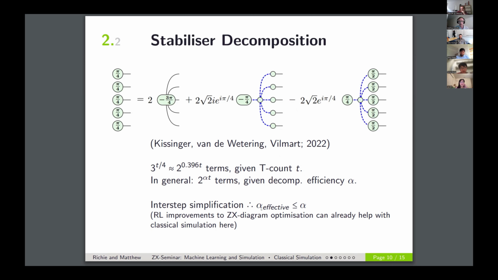So in practice, we actually have an effective alpha, which is usually much smaller than the actual decomposition alpha. So in this case, the effective alpha, if you just apply this decomposition over and over for your average graph, will be something closer to 0.3.